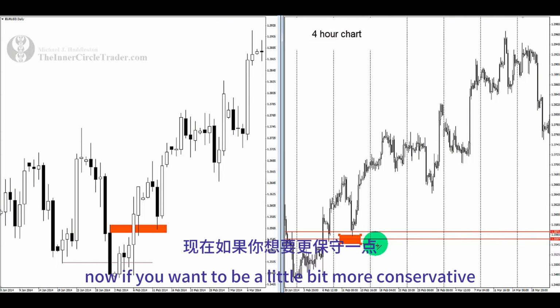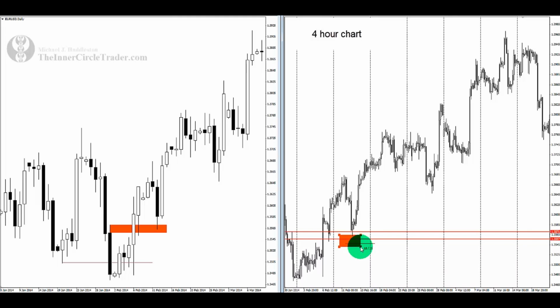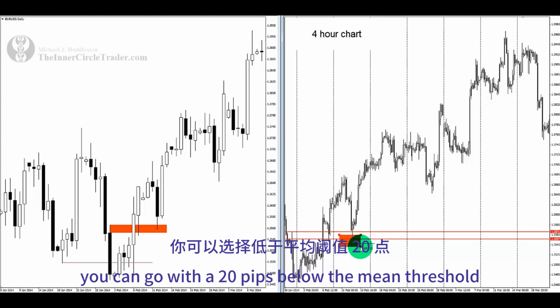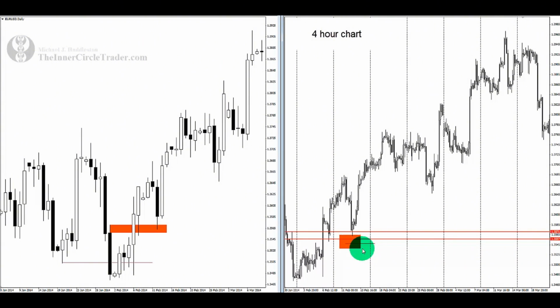If you want to be a little more conservative and allow more movement, you can go 20 pips below the mean threshold, and that would be your stop as well.